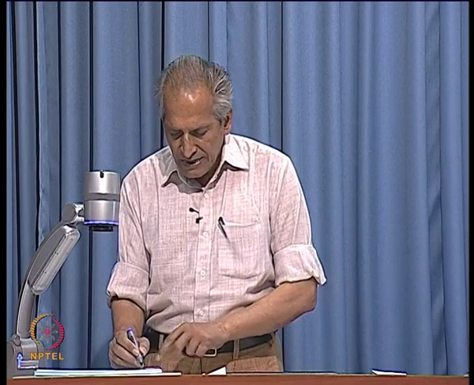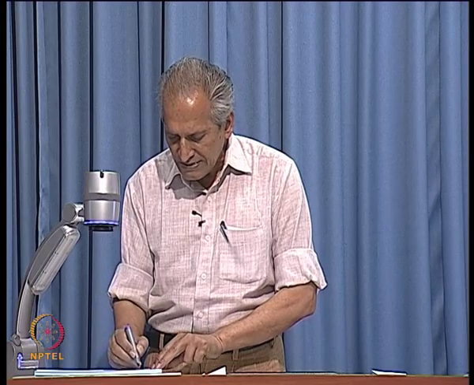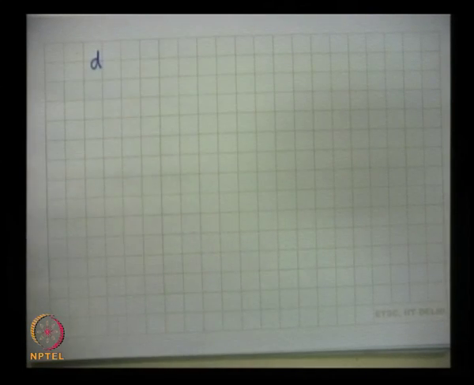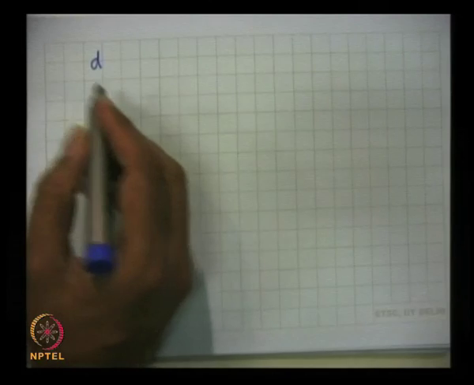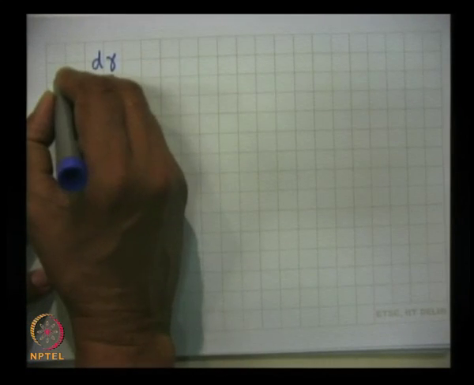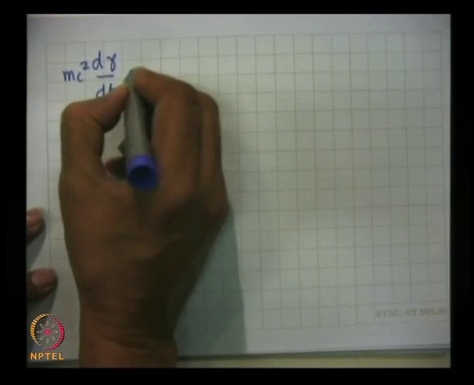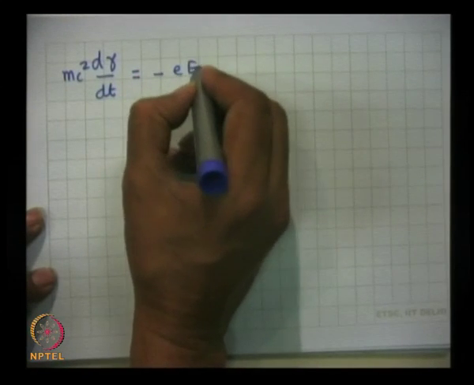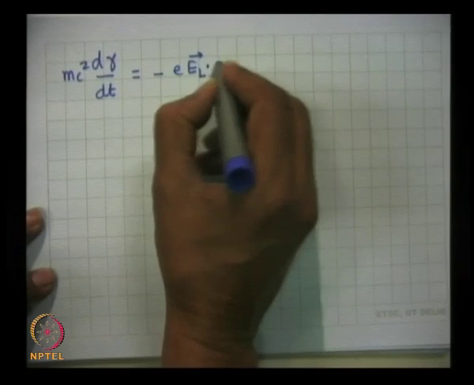and the equation of motion would be something like this: d gamma by dt, this is the energy equation, with mc square, is equal to minus e E_EL dot V_W.